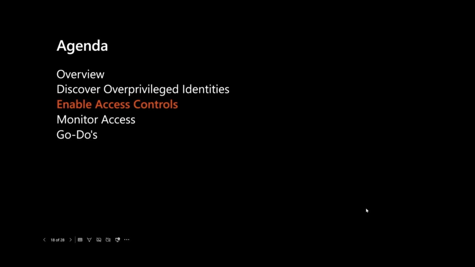And they've also described some of the different capabilities that we have across Microsoft Entra to help discover overprivileged identities and help reduce risk and manage access. And I just want to jump in and highlight a few areas and recommendations that we have in terms of enabling the access controls that we already provide.